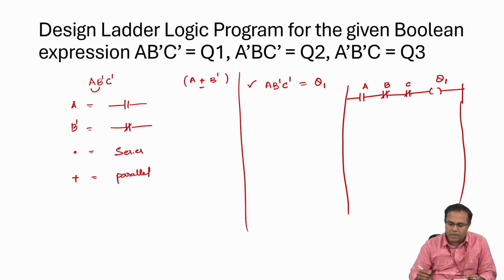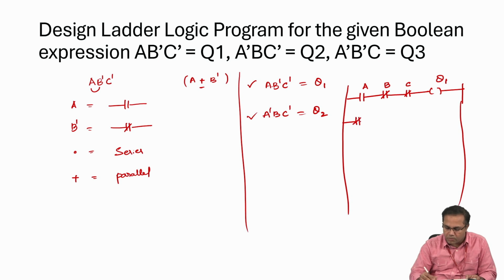Clear? Similarly, the next expression is A complement, B, C complement, that is Q2. This is also a product term, with three inputs, A, B, C, right? Let's put them in ladder logic form.